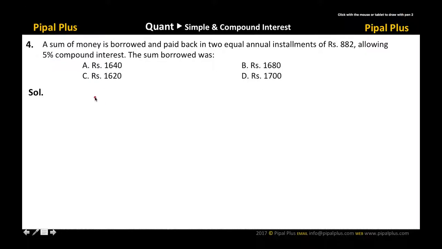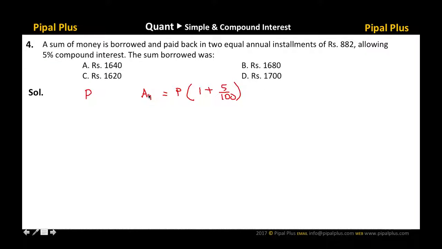Alright, the explanation here goes. So let's say we start with the amount P. This is the money that was borrowed initially. Now if the amount P was borrowed initially, then the amount due at the end of 1 year on the original principal P equals P into 1 plus R%.